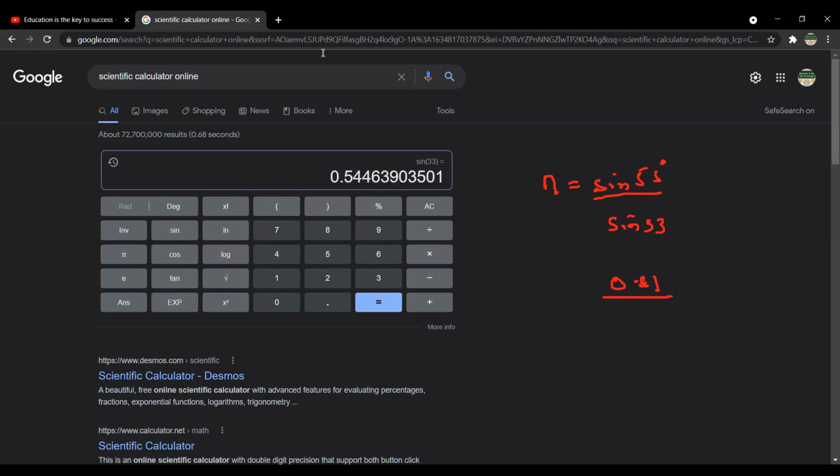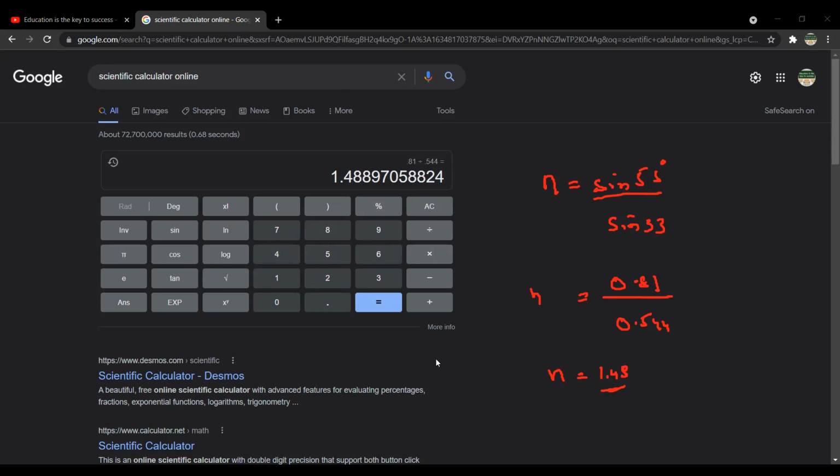So sine 33 is 0.544. So 0.81 divided by 0.544, that is 1.48. So when we work out, the refractive index is 1.48.